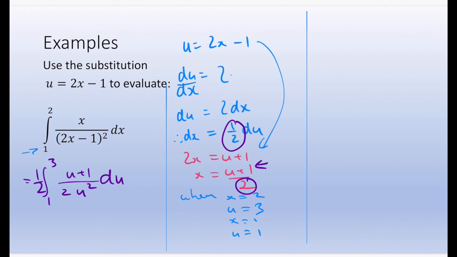So I'm going to bring the half u to the front, and I could almost bring this other half to the front, which I think I will do. I'll put a quarter, and then we'll go 3 over 1, and then we'll go u plus 1 over u squared, so we don't have to deal with any of these constants in our integration. All right, let's keep going.